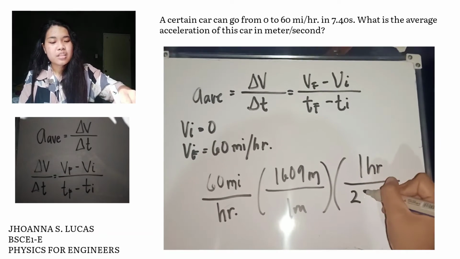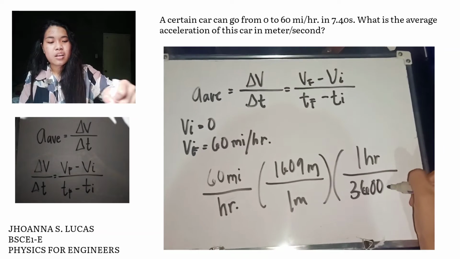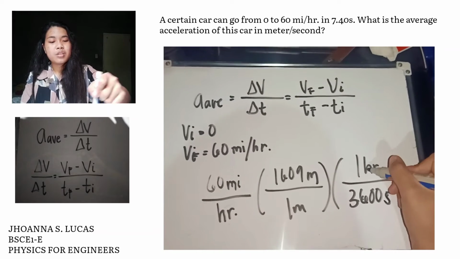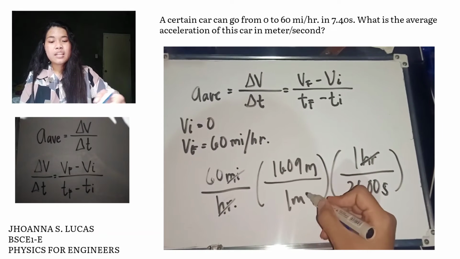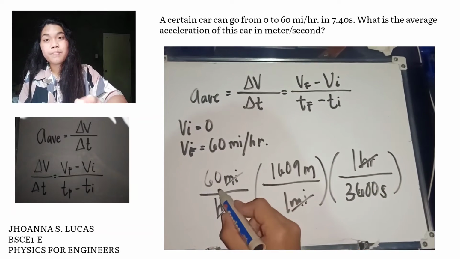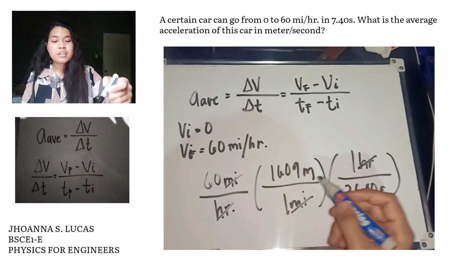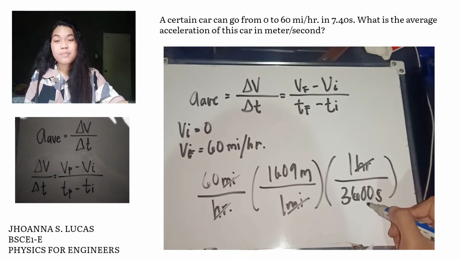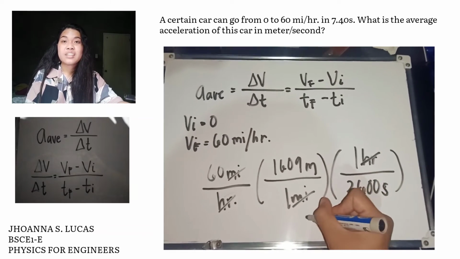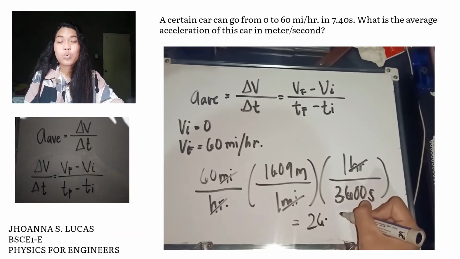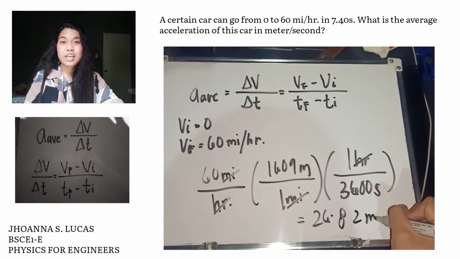So we will cancel miles and hours for us to have meter per second. Calculating it, 60 times 1,609 meters times 1 over 3,600 seconds is equal to 26.82 meter per second.